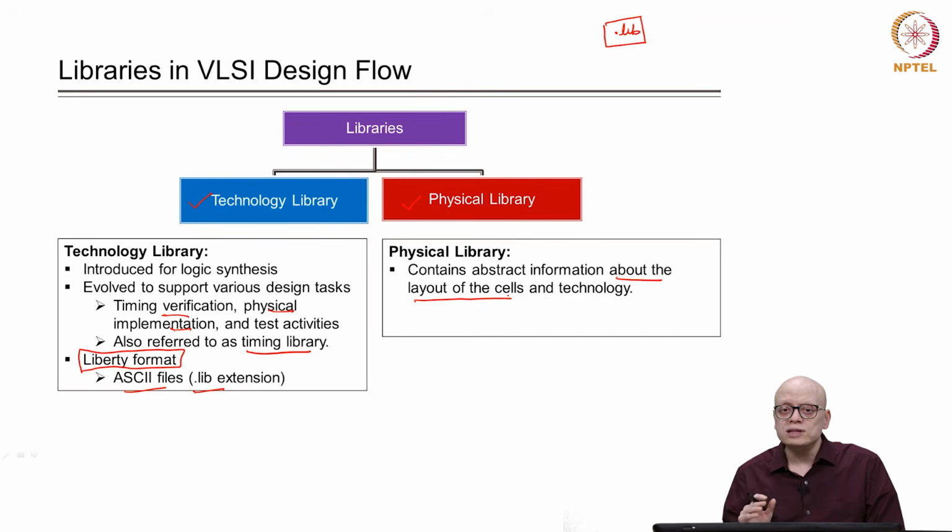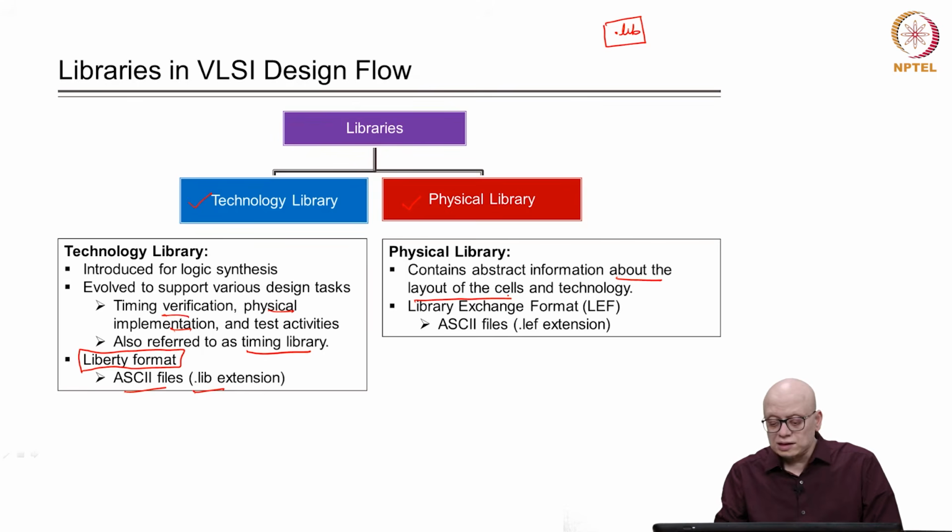The physical library is typically specified in a format known as the Library Exchange Format or LEF format. Typically the LEF files will have the extension .LEF, and these are also human readable ASCII files.